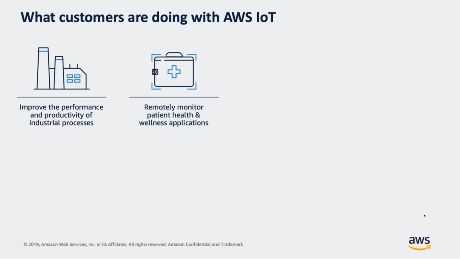Remote monitoring of patient health and making sure the wellness of the patients is also becoming very important these days. And one of our customers, Philips Healthcare, is doing exactly that, using remote monitoring of patient health and generating wellness applications using IoT data.